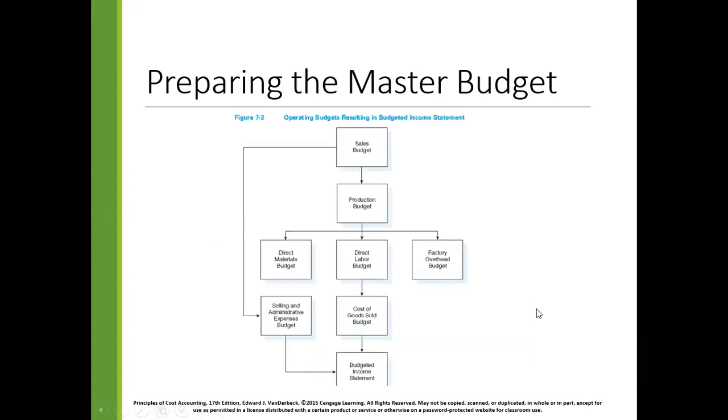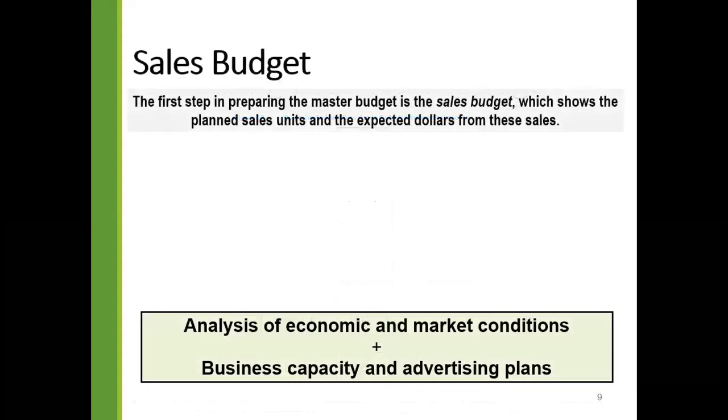We can see this flow chart example of that here. Again, it starts with the sales budget, and then from there we can prepare our production budget, selling and administrative expense budget, cost of goods sold budget, and budgeted income statement. So again, the starting point is generally the sales budget.